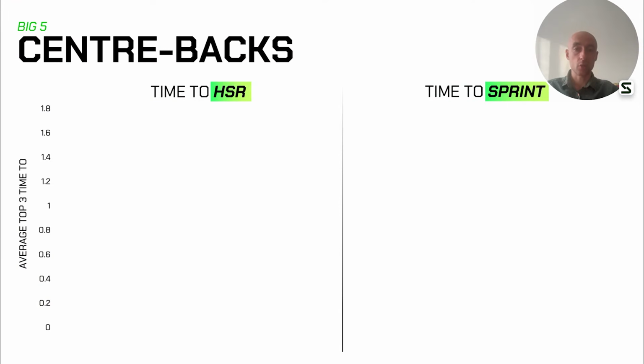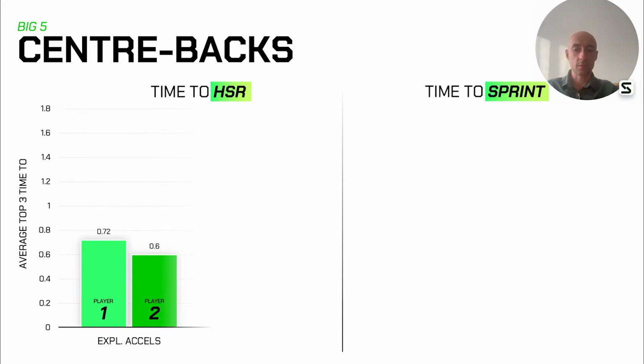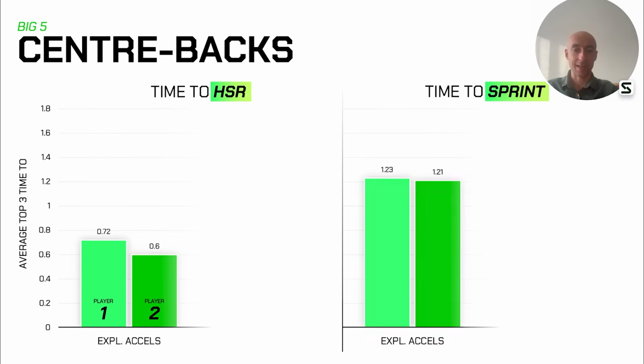So these are 2 center backs, again playing in the same team in the Big Five leagues, and data relates to last year again. What we are looking at is the ability of the players to reach quickly the high speed running threshold and the sprinting running threshold. When we look at linear accelerations, player 1 and player 2 are kind of the same in terms of output.